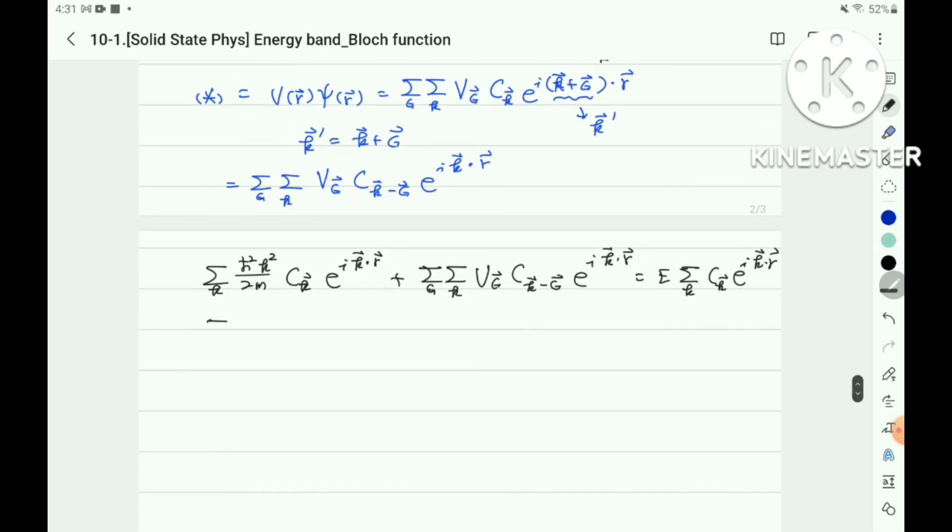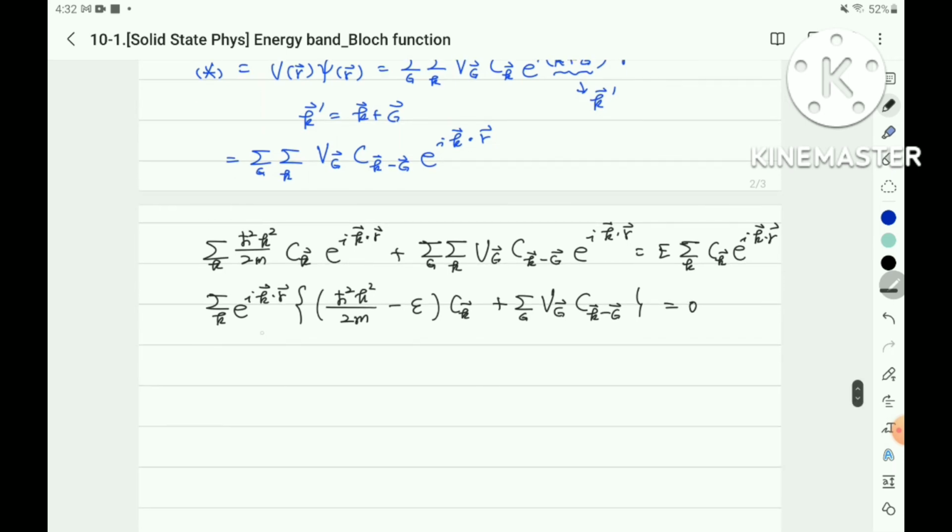Therefore, the summation over k of exponential i k dot r can be extracted to the outside, and here we have h bar squared k squared over 2m minus energy times c_k, and the potential energy term is the summation over G of V_G c_(k minus G), equal to 0.